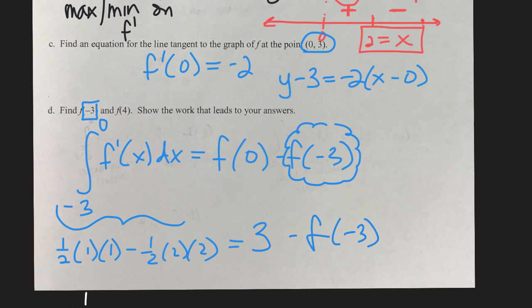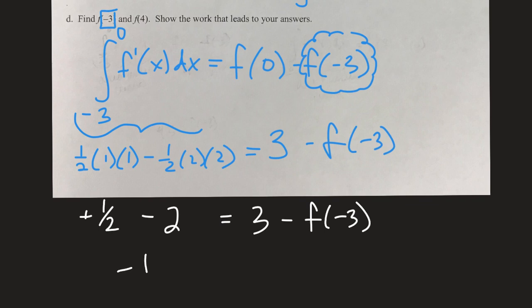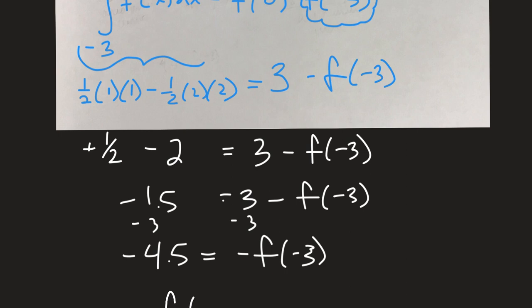So this is positive 1/2, that's the area above the curve. And we're going to minus 2. That's the area of the triangle below the curve. It's negative because it's below the curve. So this is negative 1.5 equals 3 minus our f of negative 3. So we subtract 3 from both sides, equals negative f of negative 3. So it looks like f of negative 3 is positive 4.5.